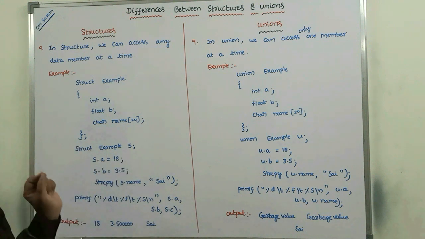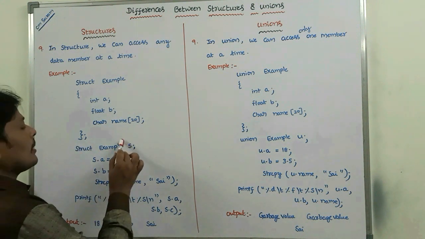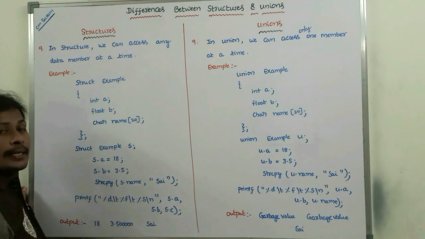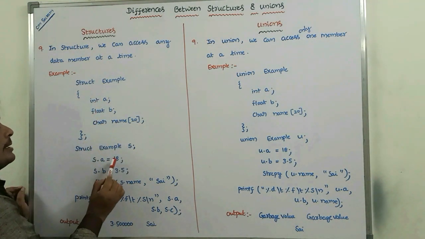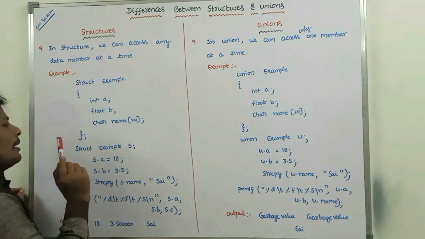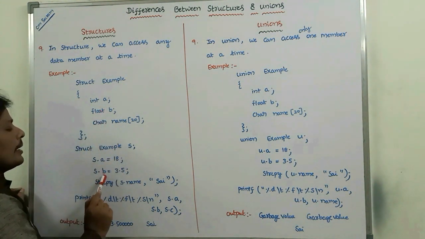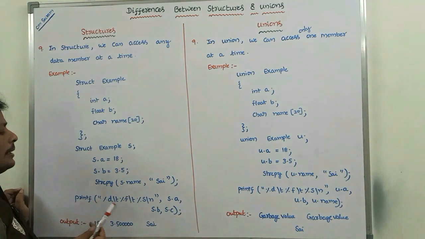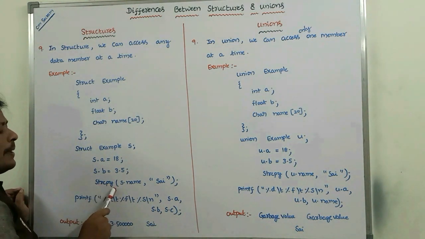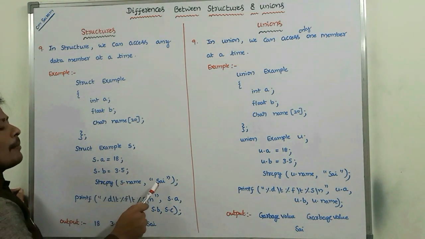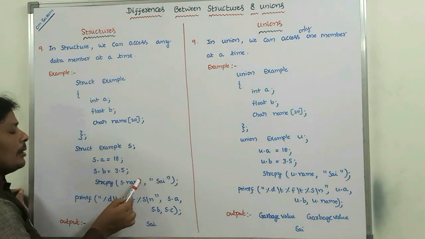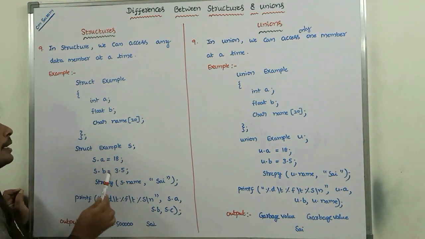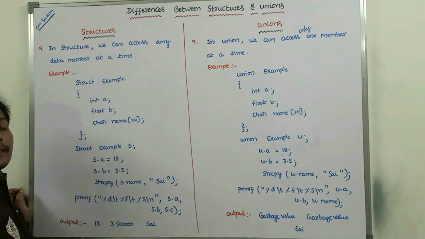By using the dot operator and the structure variable, we are accessing the data members. So s.a is equal to 18; s.b is equal to 3.5. Next, strcpy(s.name, "Sai"). This string is copied into s.name. Therefore, s.name contains Sai.